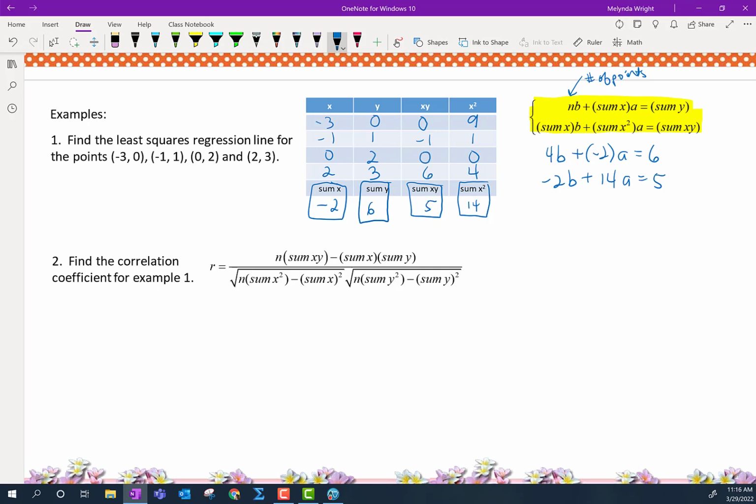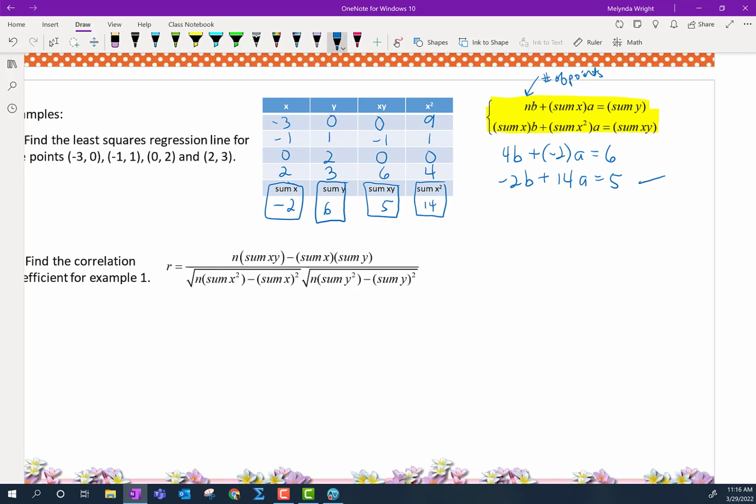I think what I would like to do is take this second equation and multiply it by 2 so that I can use the elimination method and add those two together. All right, so I'm going to copy the first one down, 4b minus 2a equals 6. And then I'm going to multiply this second one by 2. So 2 times negative 2 is negative 4. 2 times 14 is what, 28?